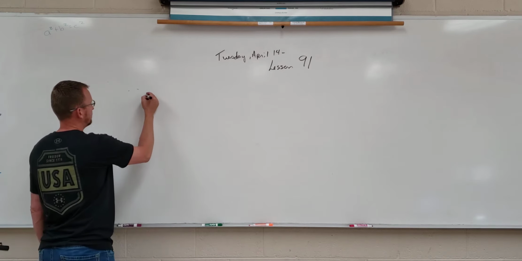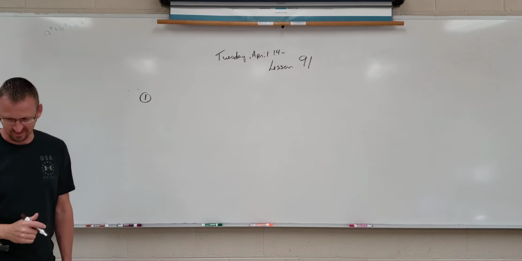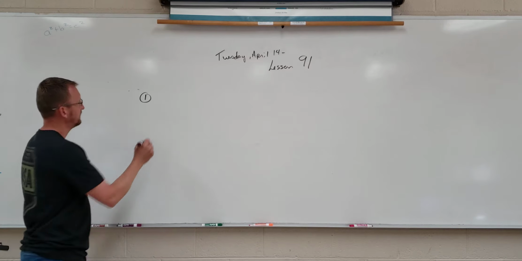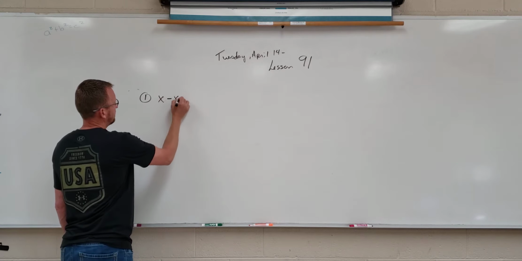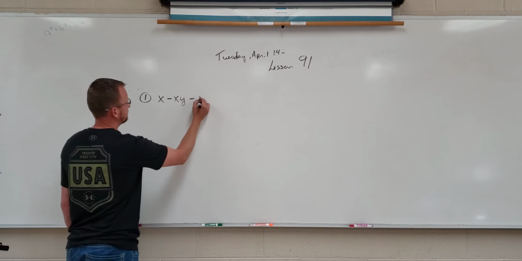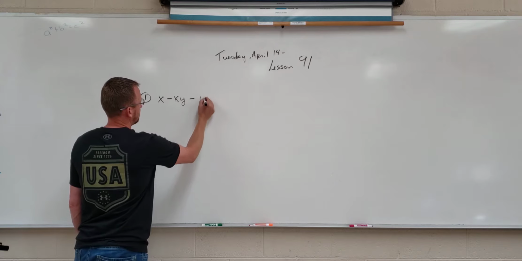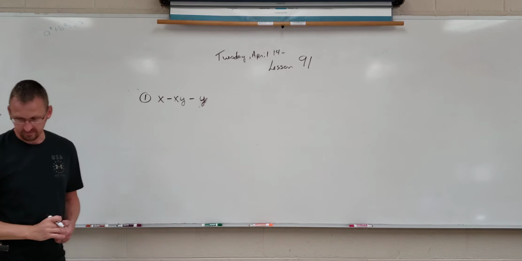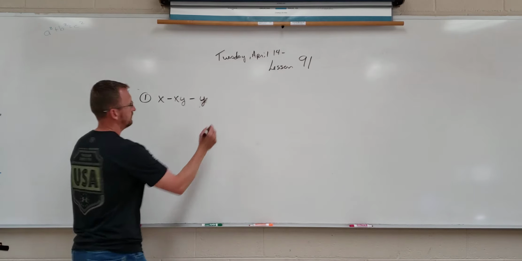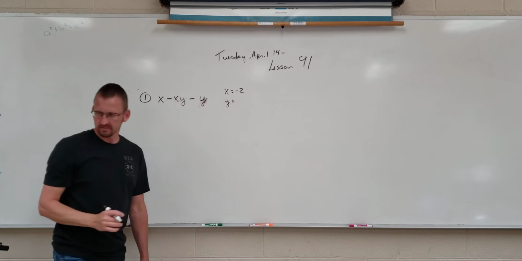Lesson 91, problem 1, example number 1. We have x minus xy minus y. Okay? Make that easier. And it then tells us x is negative 2 and y is negative 3.